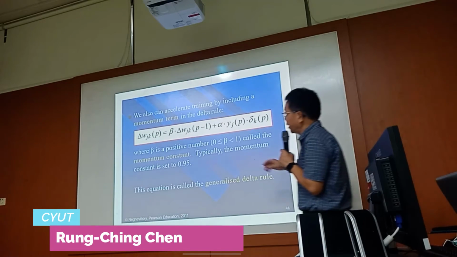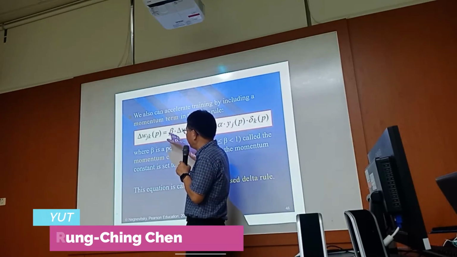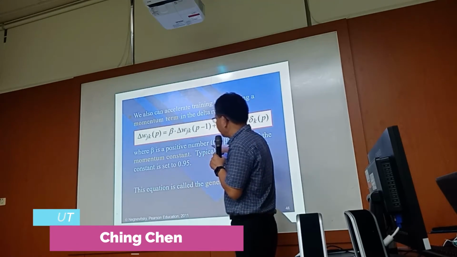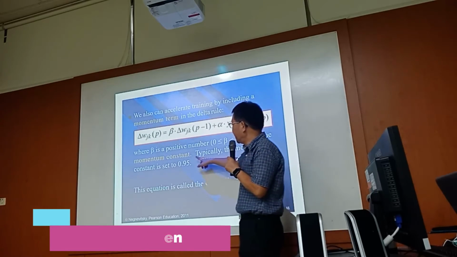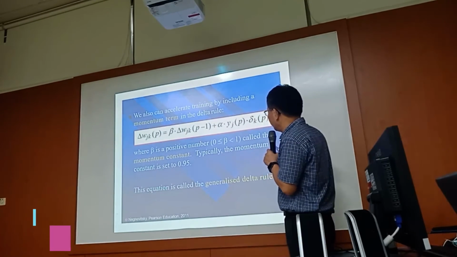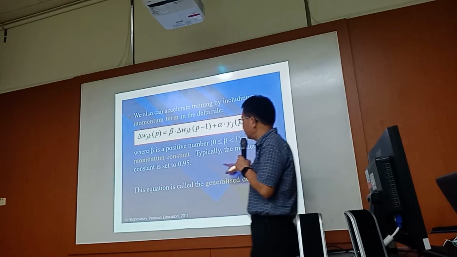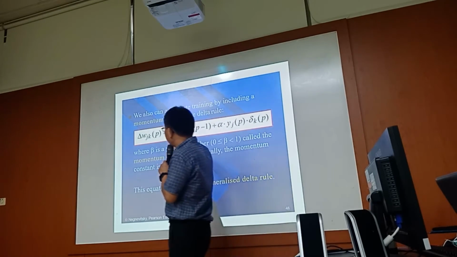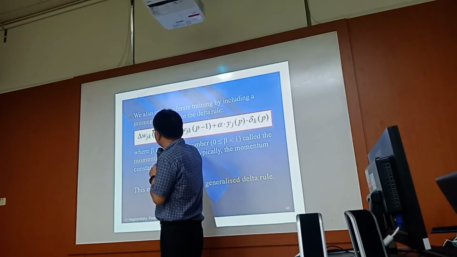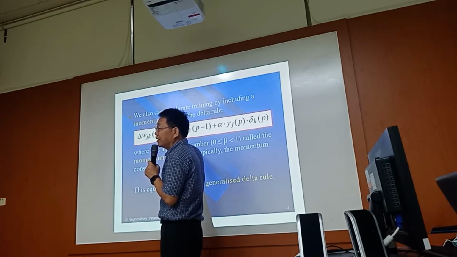So here we add a value of beta. Beta is a positive number, called the momentum constant. Typically, the momentum constant is 0.95. Traditional backpropagation does not have this parameter.